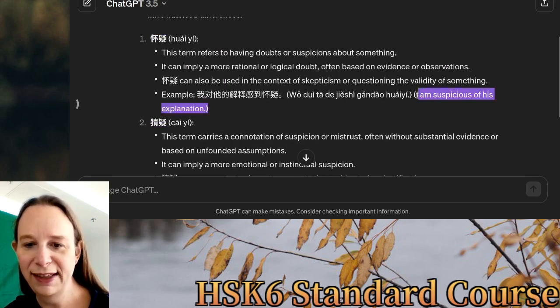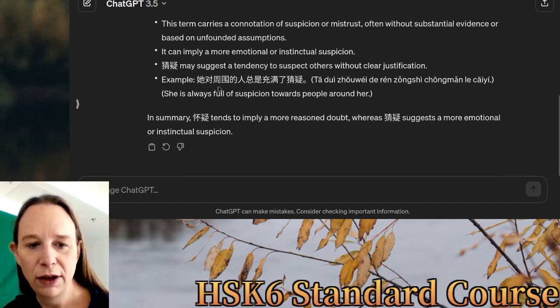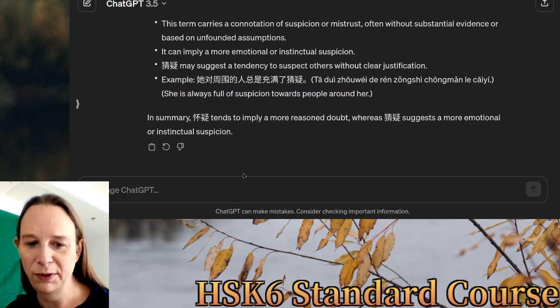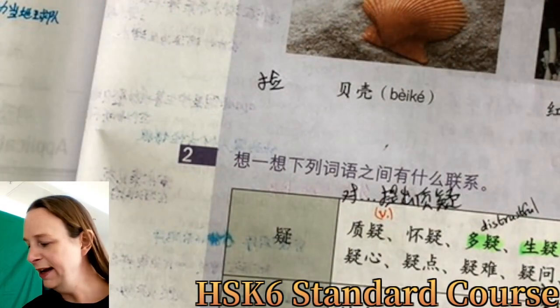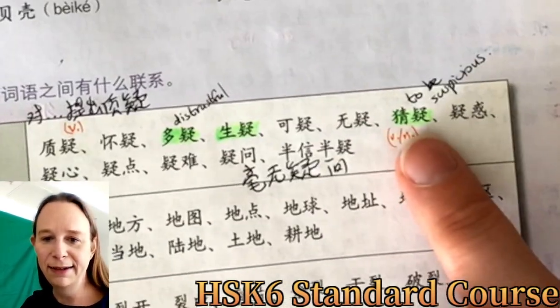I am suspicious of this explanation, presumably for reasons. 他对周围的人总是充满了猜疑. So always suspicious of people around her, despite the fact that maybe they're not doing anything abnormal. She's still suspicious. Okay, that makes sense. So this is more unfounded.